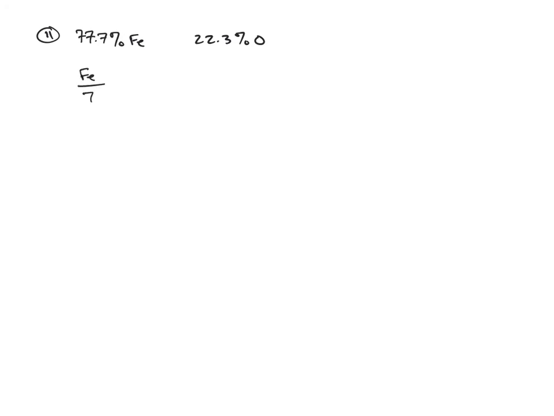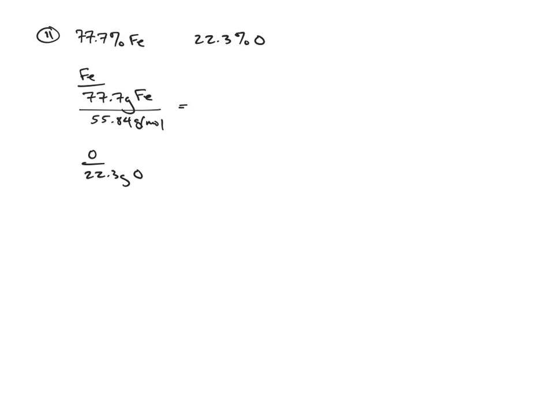So for iron, we have 77.7 grams of it. Okay. And for oxygen, we have 22.3 grams of it. I'm going to convert them both into moles. That's the next step. So divide this by the molar mass of a single iron, 55.84 grams per mole.